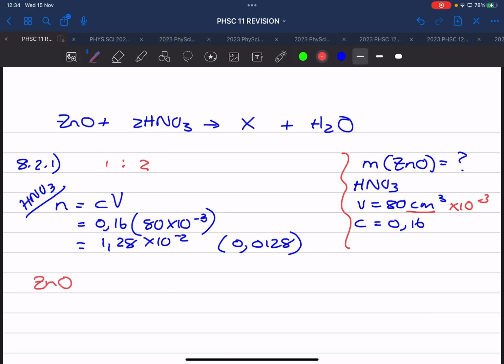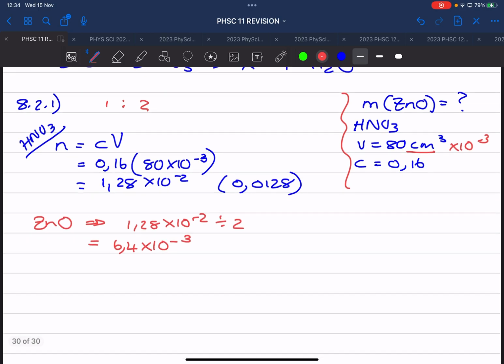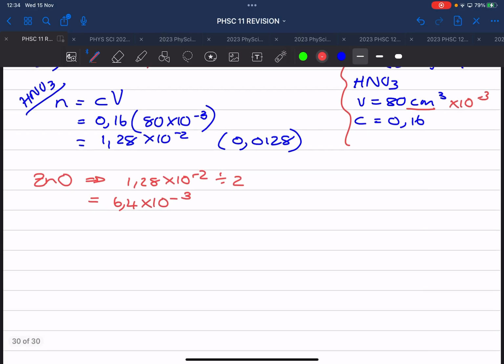So die zinkoksied se mol gaan dus wees 1,28 maal 10 tot die mag minus 2 gedeel deur 2, divide by 2. 6.4 times 10 to the power negative 3. Okay, dis die mol zinkoksied wat geëlimineer is of geneutraliseer is.